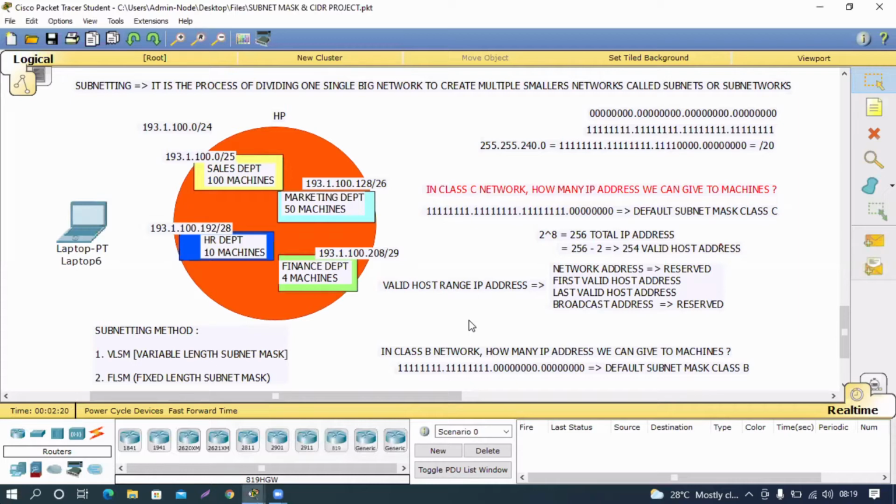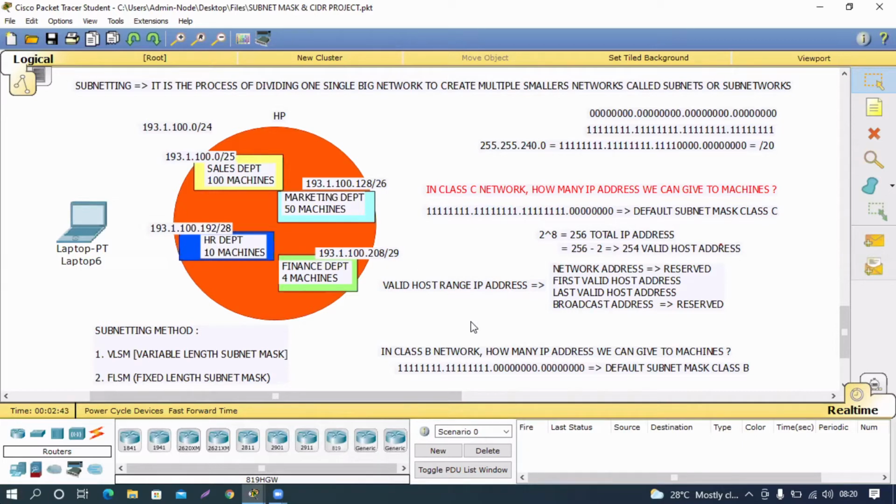Because we have class A, class B and class C. These three classes are there in public as well as private. Class D and E are reserved for multicast and experiment and research purposes, and we don't have class D and class E available in private.